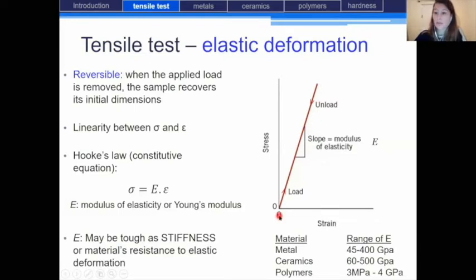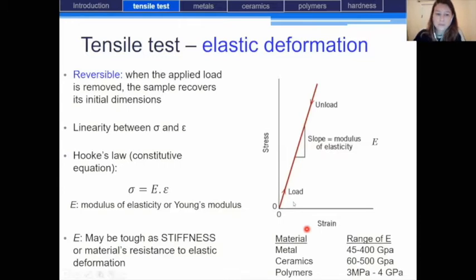So we have linearity between the stress and the strain, and this is expressed by Hooke's law, which is a constitutive equation, which means that all materials will respect this law in their elastic regime, in the region of the stress strain curve that represents elastic deformation.